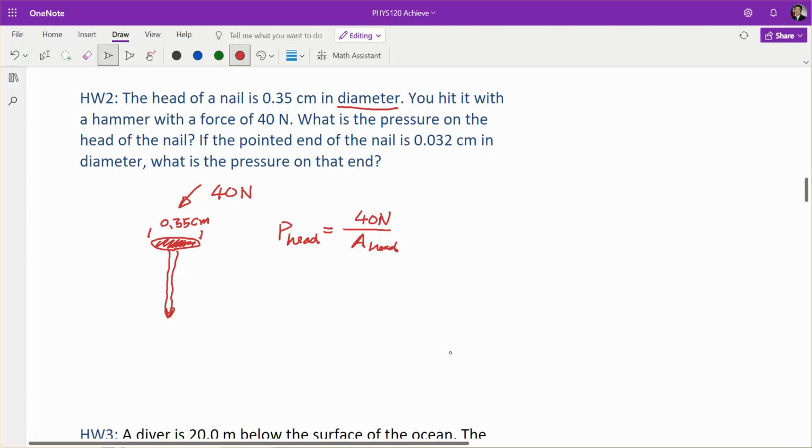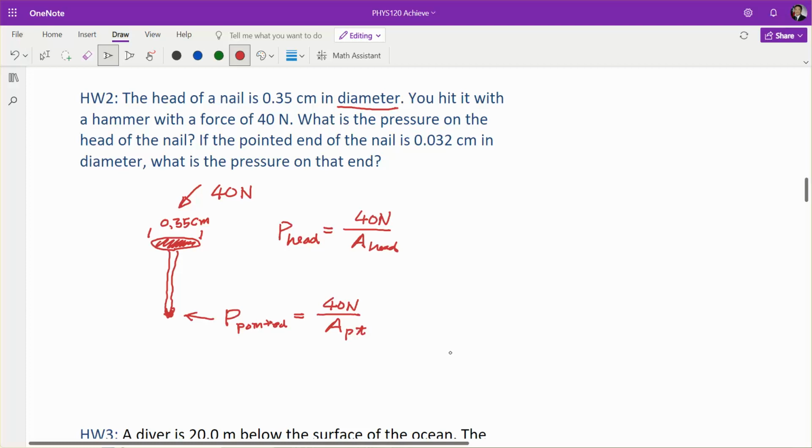And they also ask you, what about the pressure at the bottom near the pointed tip here? Well, if you apply the same amount of force, then this pointed place will have pressure in the same way, and you are going to use the same force. However, you're going to use a different area, so this will be the pointed place.